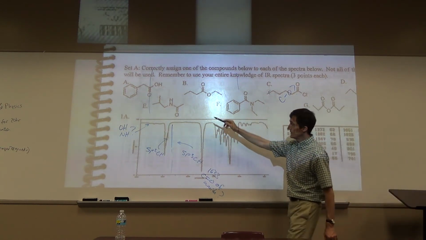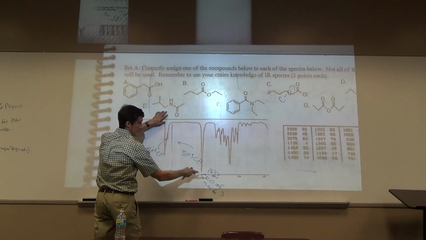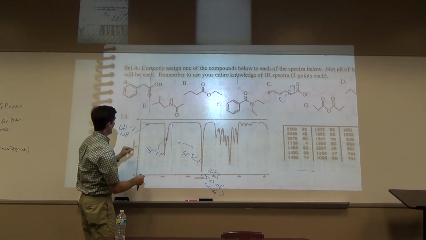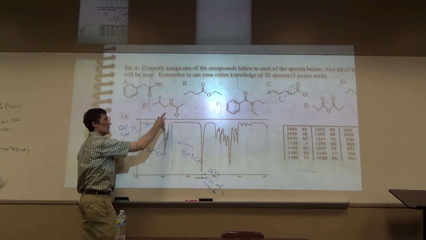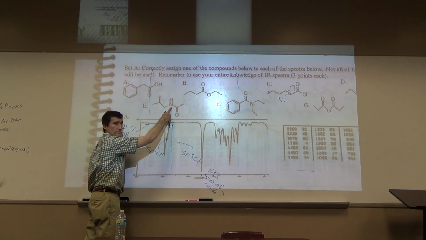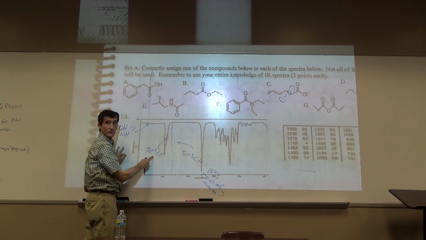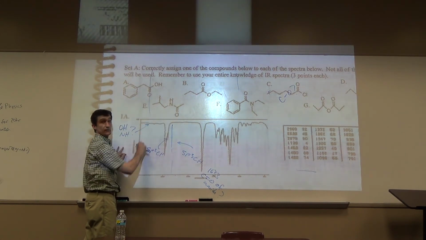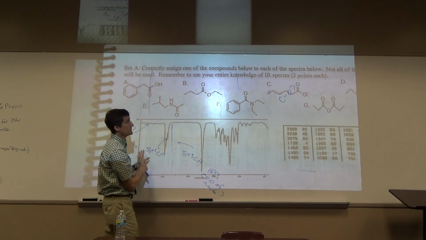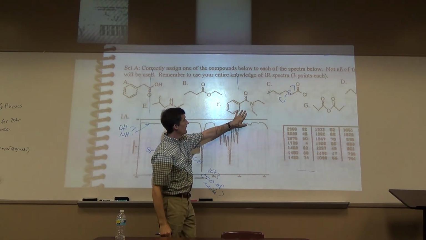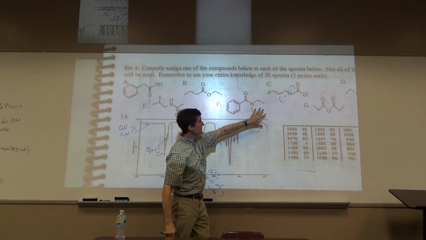What about E? That's an amide. Okay. Well, is that really an NH? It doesn't look like one. What's another reason it's not this? No sp2. Our compound has sp2 CH. I don't see any sp2 CH there. Ah, this has sp2 CH, sp3.